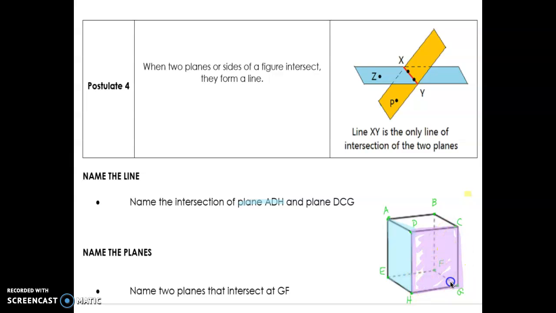And I want to know at what line do my sides come together? Think about where your colors come together. Again, don't forget label-wise, you're going to need to label it with a line and then your letters below.